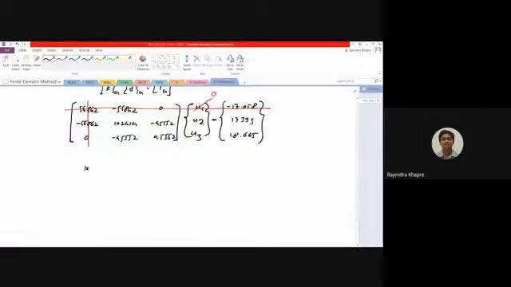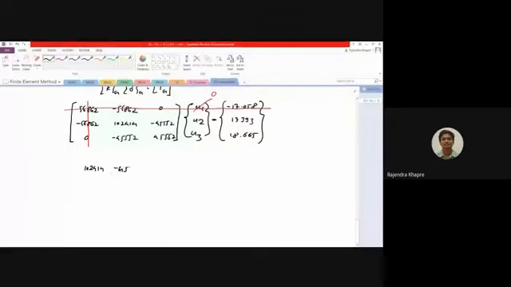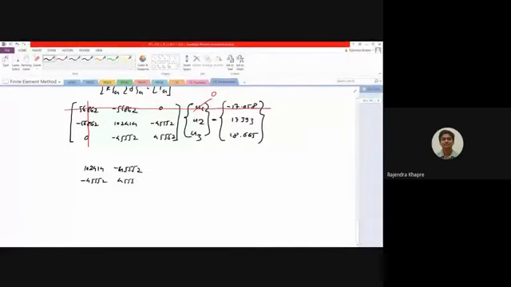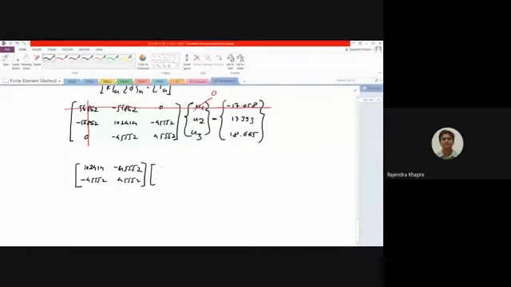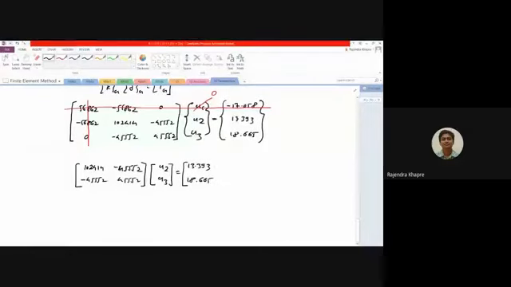So this will be 102,414, minus 4,552, minus 4,552, 4,552. This will be the reduced stiffness matrix, you can say. This is U2, this is U3. This will equal 13.393 and 18.665. Now you have to just solve this.